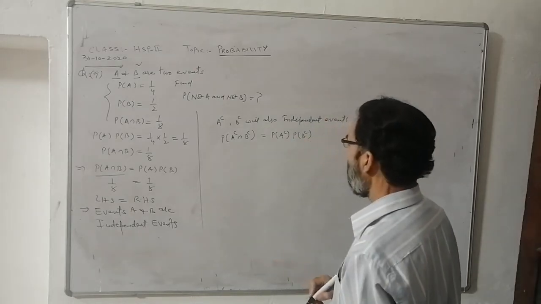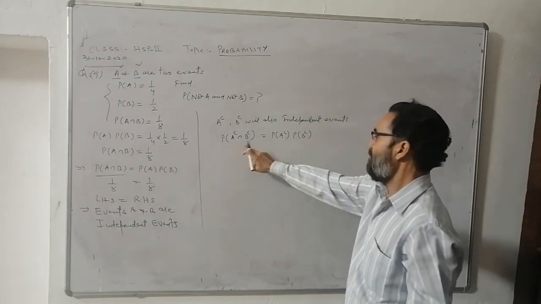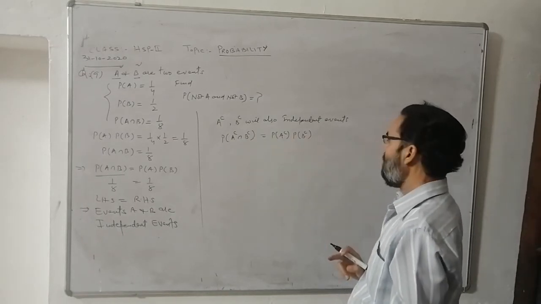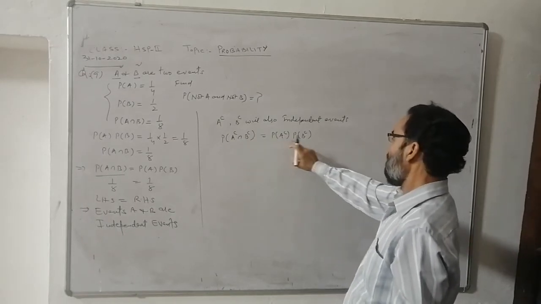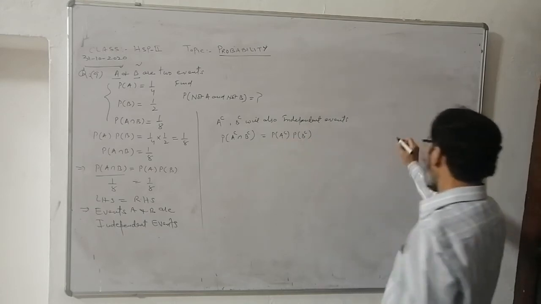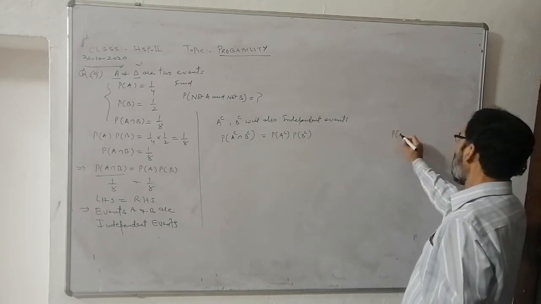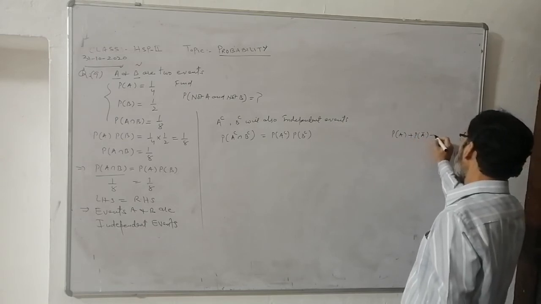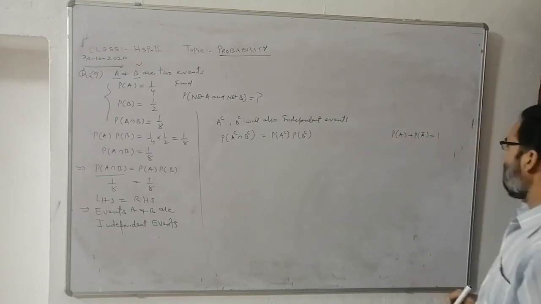We have a formula: probability of A plus probability of not A equals 1, where A is an event.